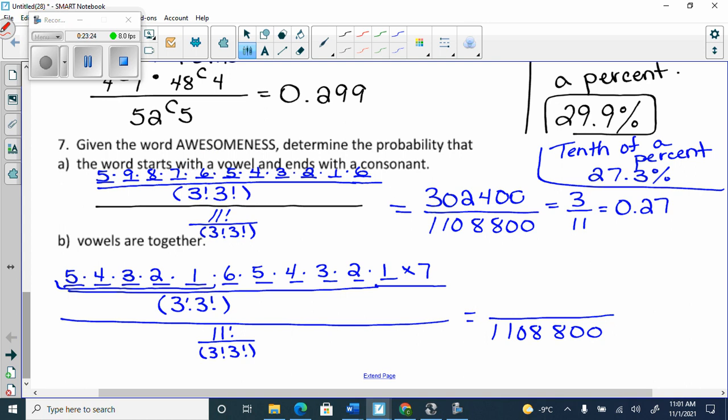On the top, we're going to get 5 factorial times 7 factorial divided by 36. That gives 16,800.